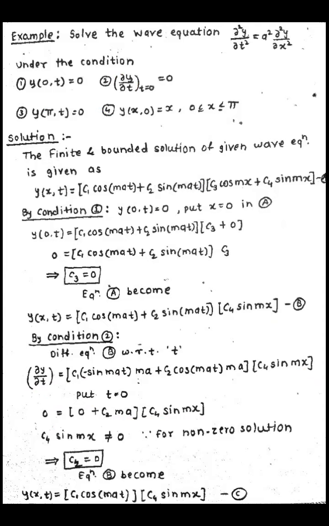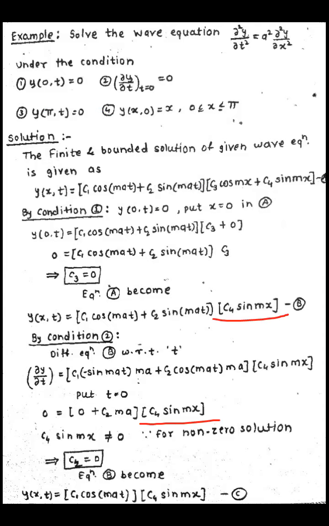Now again, if we treat the first bracket as completely 0, then we obtain a zero solution. If we put c4 sin mx equal to 0, then equation B is completely 0.